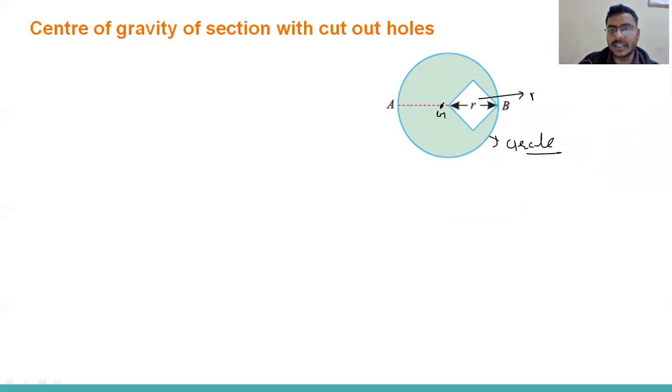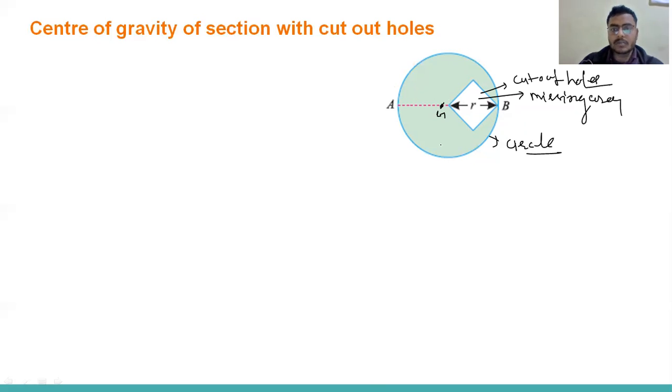This portion is the missing area, we can say cutout holes. So for the circle we know the centroid, but how can we calculate for the remaining portion? Whatever is given in this figure, we have to calculate the center of gravity for that.